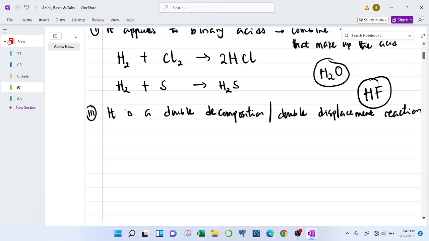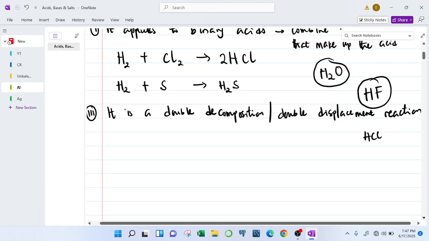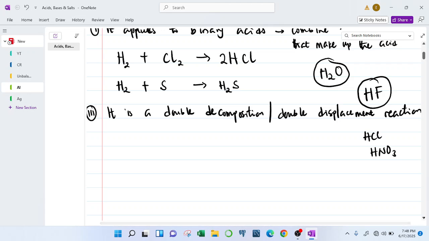So what I'm going to do now is, I know tetraoxosulfate 6, again, you trying to create your own examples. I know tetraoxosulfate 6 is a very strong acid, and it is stronger than hydrochloric acid. It is stronger than hydrochloric acid, and it is stronger than trioxonitrate 5 acid. So what does that mean? I can use tetraoxosulfate 6 to displace them out of their own salt.